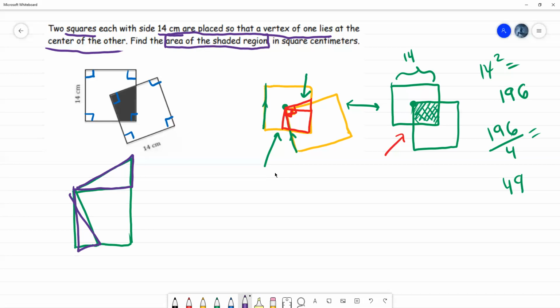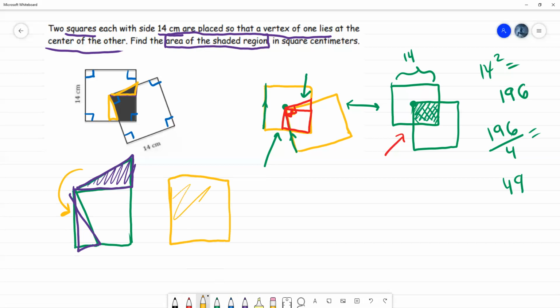And because they have the same area, we can just take this triangle right here, like from right here, and we can move it down here. If we do move it there, the shaded region becomes a square.